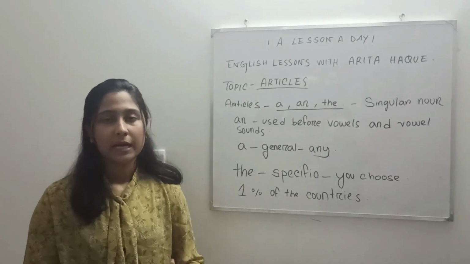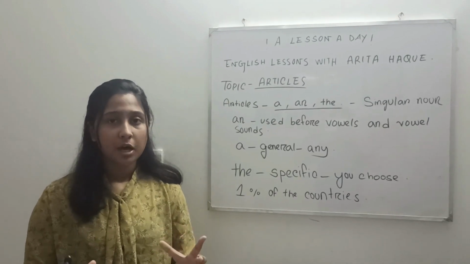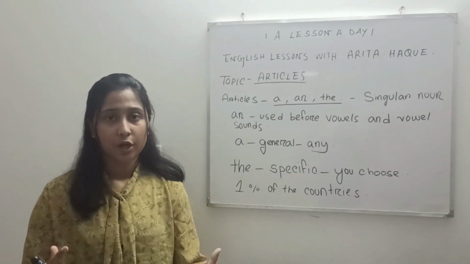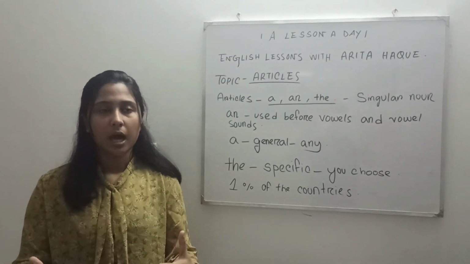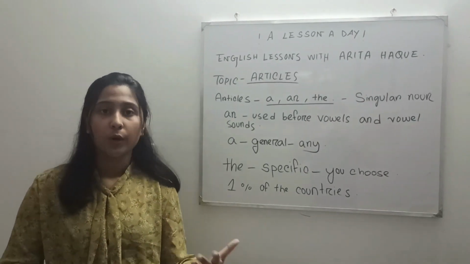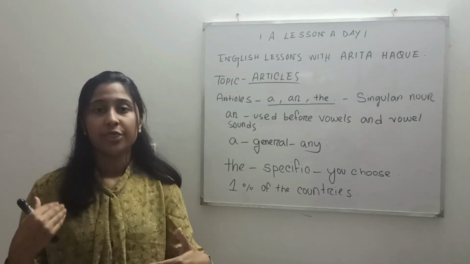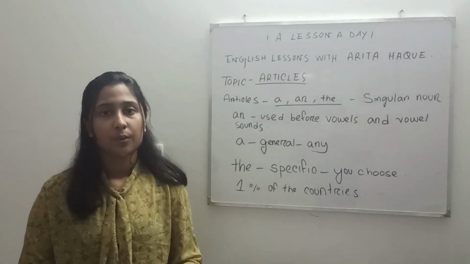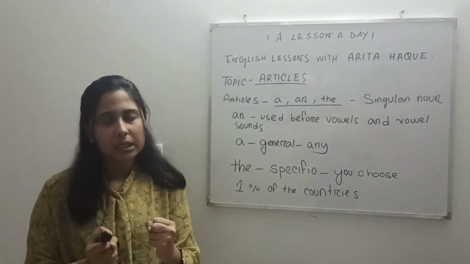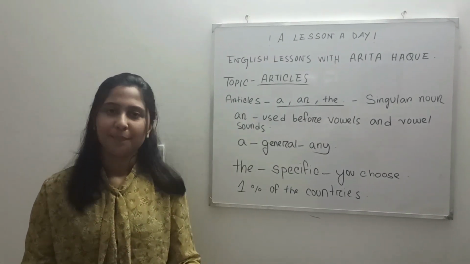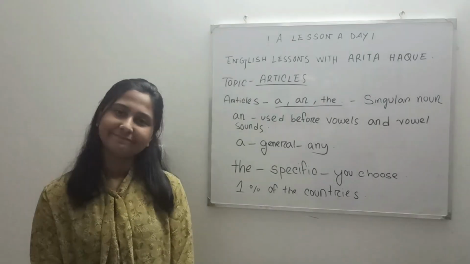Also, we use the before the names of the countries which are made up of really tiny and small islands. Say, for example, the West Indies, the Canary Islands. So these two are countries which are made up of really tiny and small islands. So yeah, that was all about today's lesson.